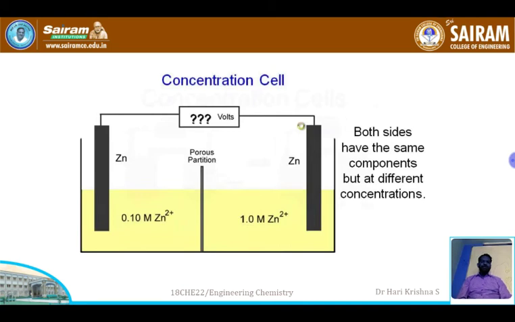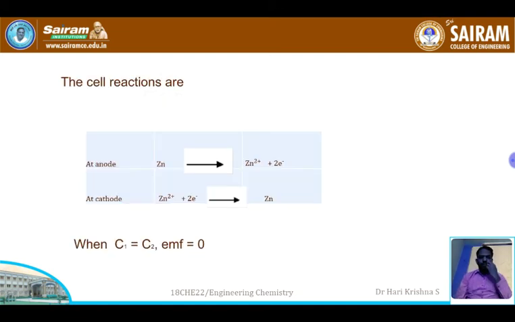Once the concentration of zinc in both anode and cathode are equal, we can no more observe the flow of electrons. So the electrode dipped in the lower concentration electrolyte acts as anode, and the electrode dipped in higher concentration electrolyte acts as cathode.